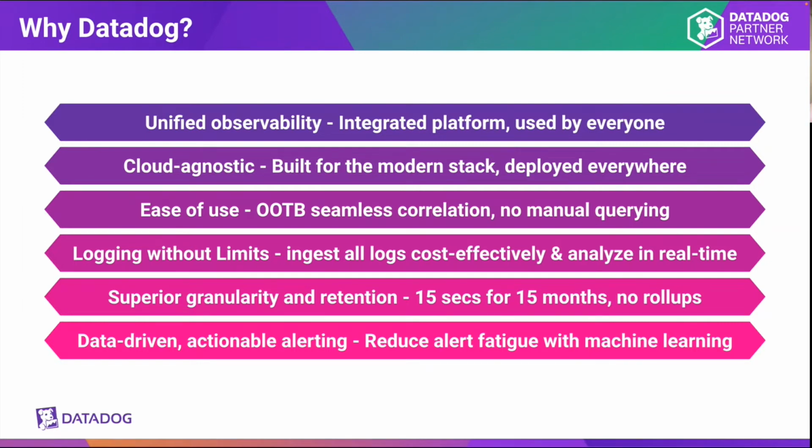Ease of use, out-of-the-box seamless correlation, and no need to learn a complex query language. Logging without limits, ingest all logs cost effectively and analyze in real time. Superior granularity and retention: 15-second granularity for all metrics with retention for 15 months. Data-driven, actionable alerting with machine learning that helps you reduce alert fatigue.